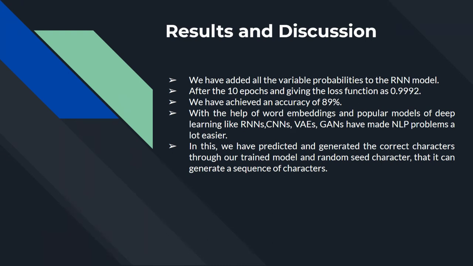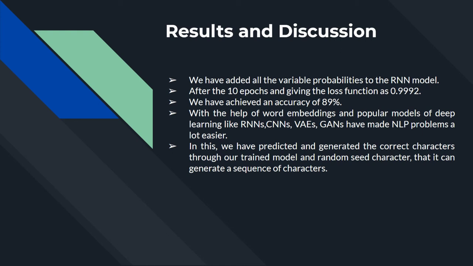Now coming to the results and discussion part. In this project, we have added all the required possible variable probabilities to the RNN model, and we have achieved an accuracy of 89% after 10 epochs, with a loss function of 0.992.